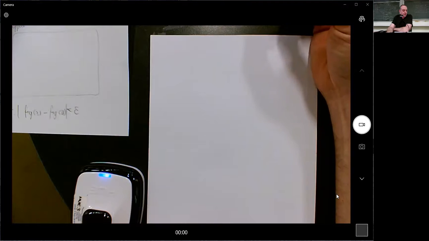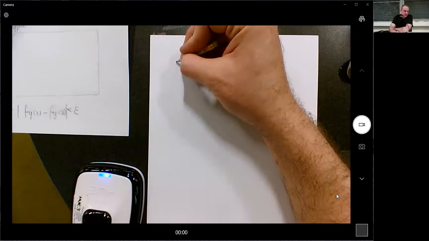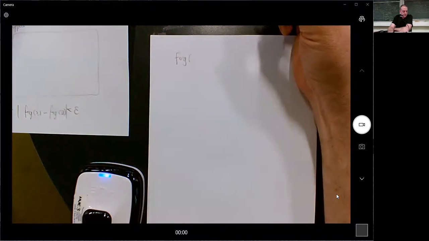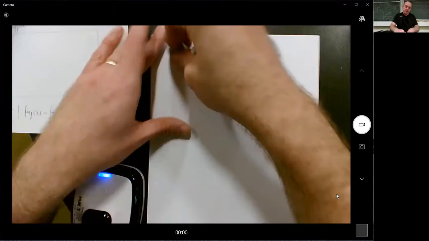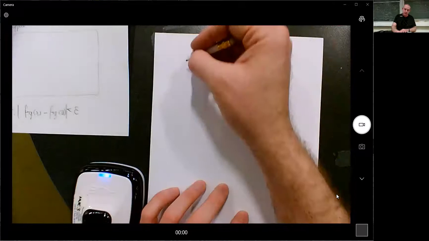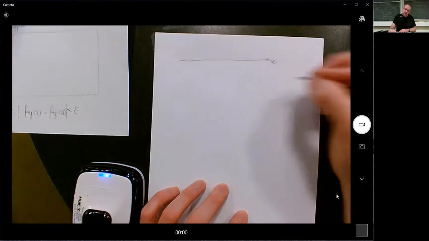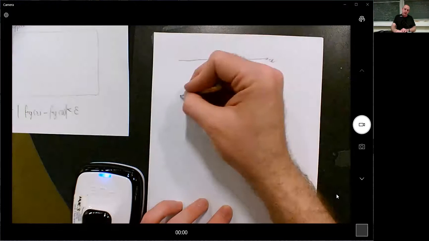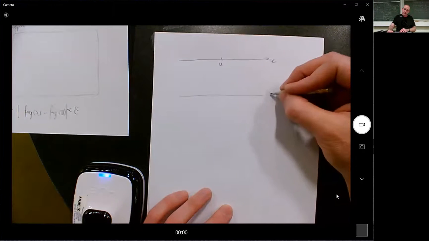Right, so let me just think about what f of g... I'm going to draw a picture because that's always my first instinct. So here's x's, and there's my point A. And then here is what g of x is going to come out to.